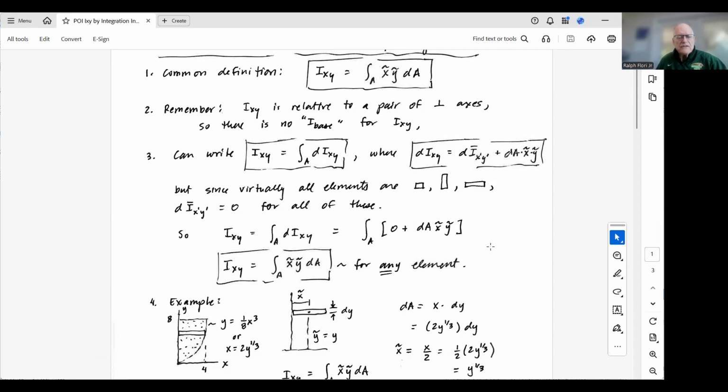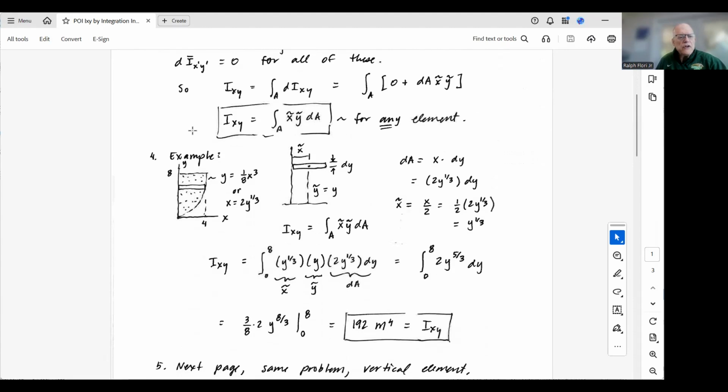So in this example, I'll work the same problem 3 different ways to show you. So this is a cubic area between the y is equal to 1/8 x cubed curve and the y-axis. And x is going to range from 0 to 4, and y is going to range from 0 to 8. So we want to find the product of inertia of this area.